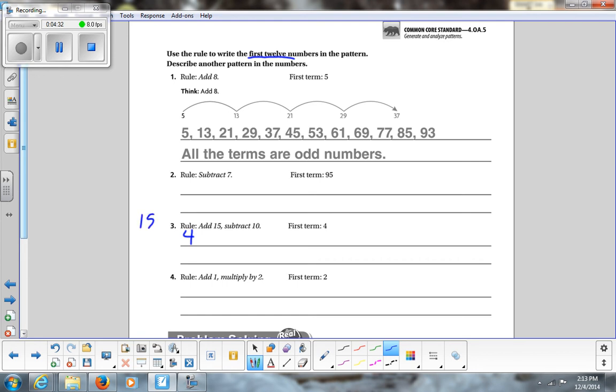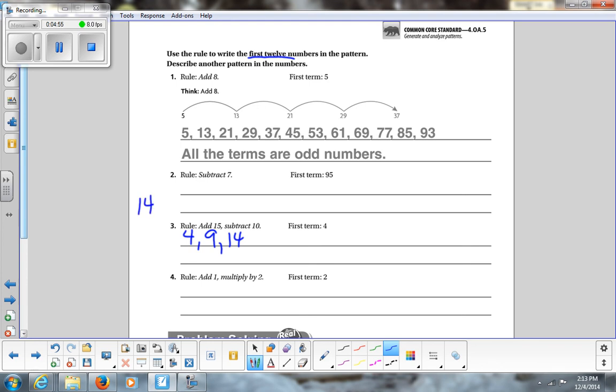So 4 plus 15 is 19. Minus 10 is 9. Then I'm going to take 9 and add 15 and subtract 10. So my answer is 14. And I'm going to keep doing that till I get all 12.